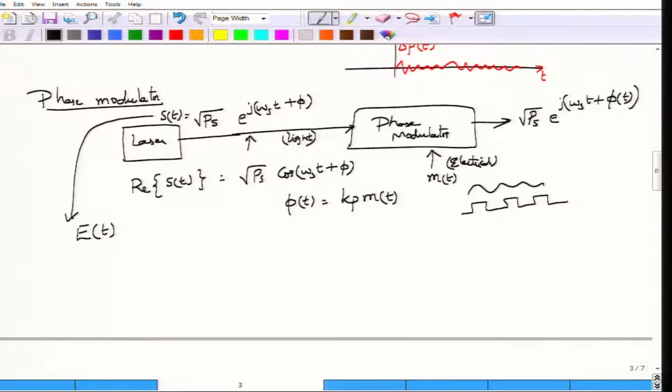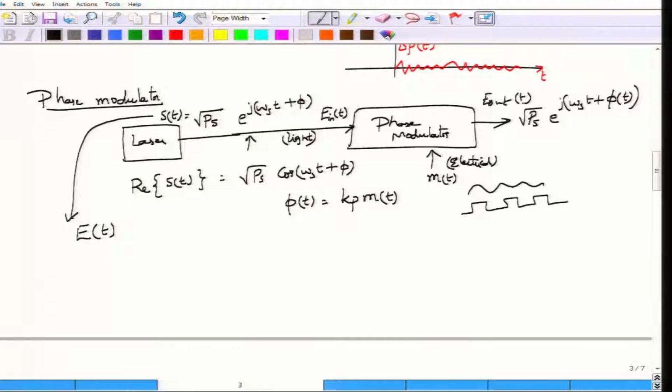For now, you can think of this electric field of the laser as an oscillator output. It is an optical analog of the electrical oscillator. But in the modulation literature this is typically called the input electric field, and this is called the output electric field.